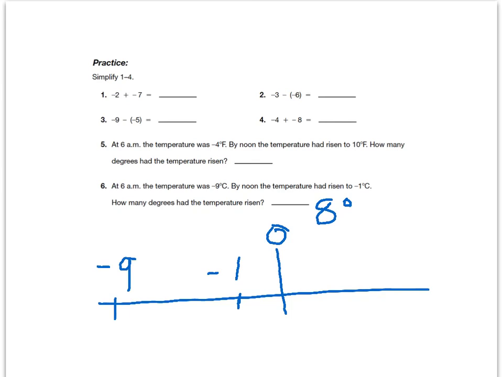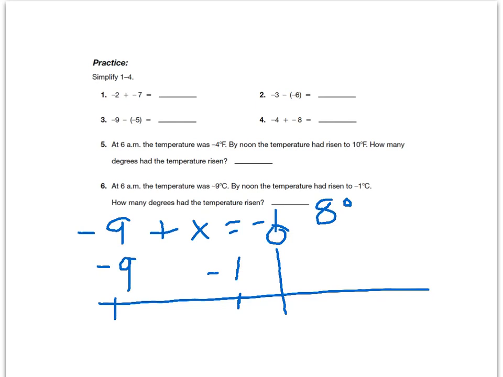And the difference, if we had to write an equation, technically we would say that it would be -9 plus something is going to get me up to -1. And see, again, it's this missing number here that we're looking for.